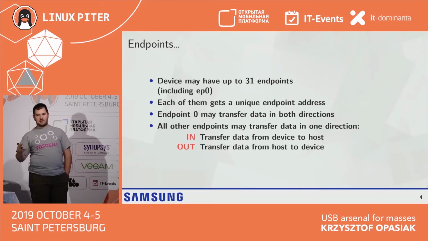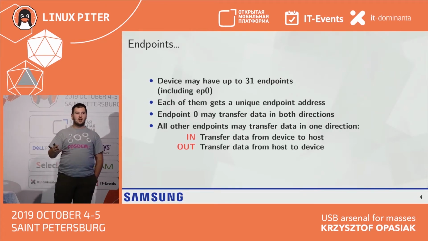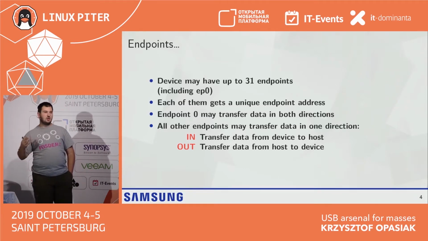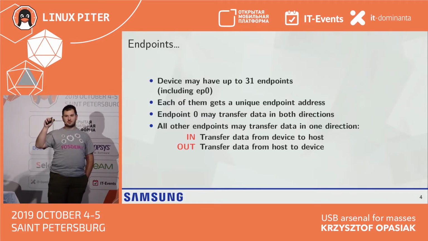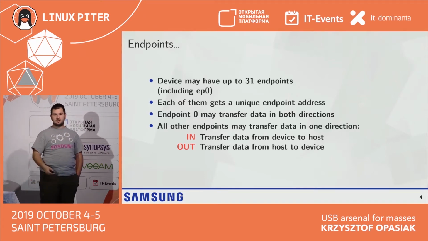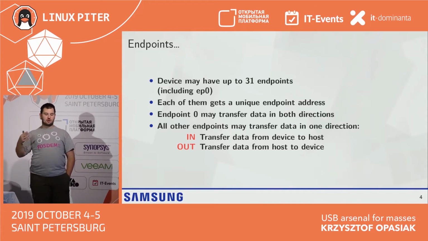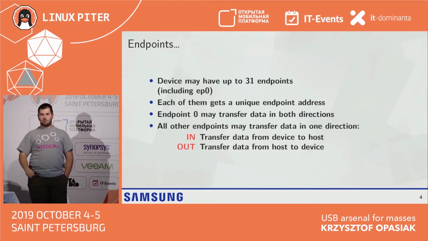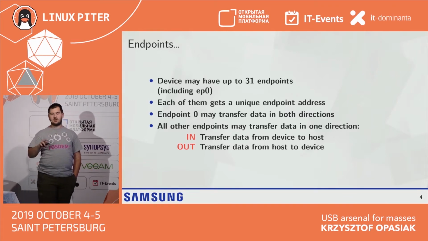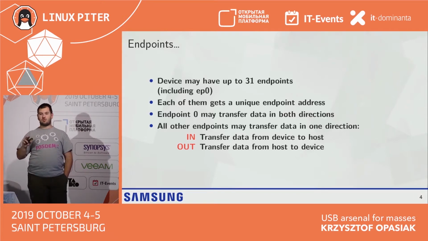But how do we communicate if a USB device provides more than one service? In the Ethernet world, we have ports. We have 65K of ports, so we may have a number of applications listening on those ports. In USB, we have up to 31 endpoints, which are mostly the equivalent of the ports from the network world, but the difference is that they can transfer the data only in a single direction.